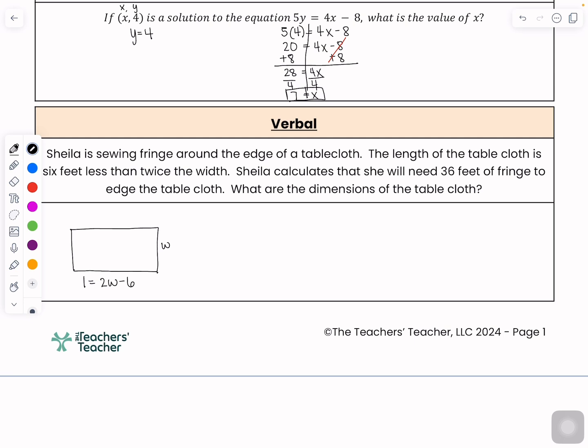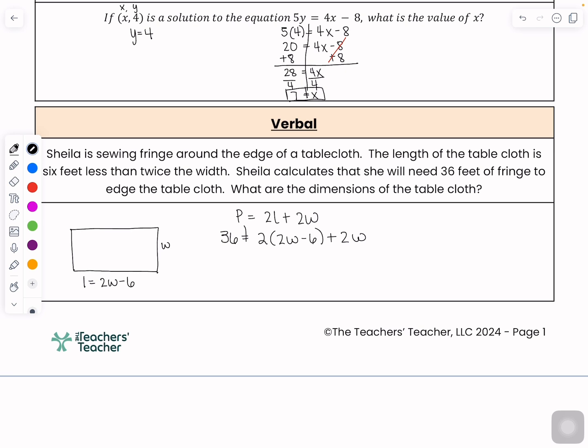Now we know in order to find the perimeter of a rectangle, the formula is equal to 2 times the length plus 2 times the width. We know our perimeter is 36, which is equal to 2 times the length, and in this case we know our length is equal to 2w minus 6, plus 2 times the width.